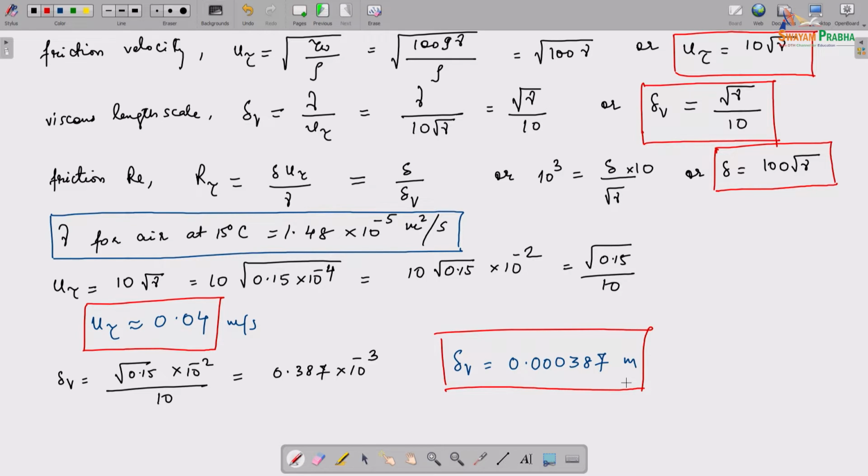Okay, then, let's go to the next page and let's do the delta and the Re.